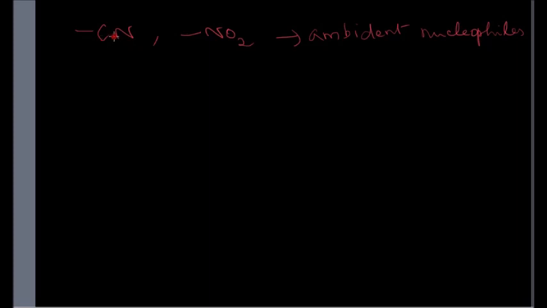When the CN nucleophile attaches using its carbon atom to the positive carbon of the alkyl halide, you get the nitriles. When it is attaching itself through the nitrogen atom, you get isonitrile.